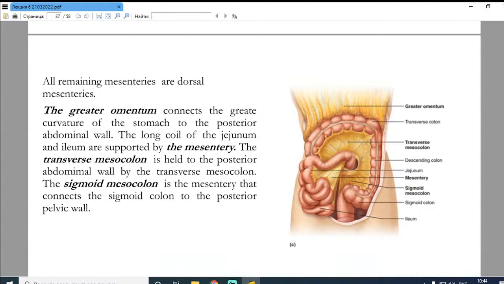Mesentery, transverse mesocolon, and the sigmoid mesocolon is mesentery that connects the sigmoid colon to the posterior pelvic wall.